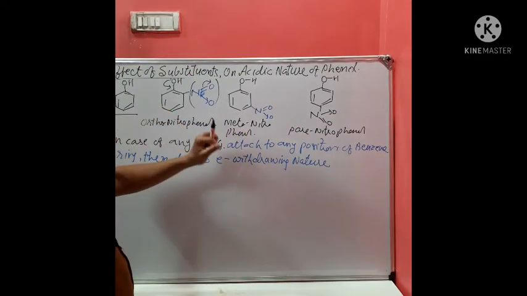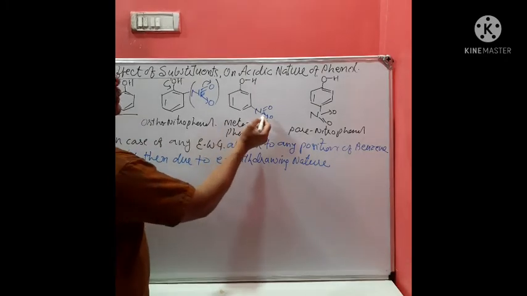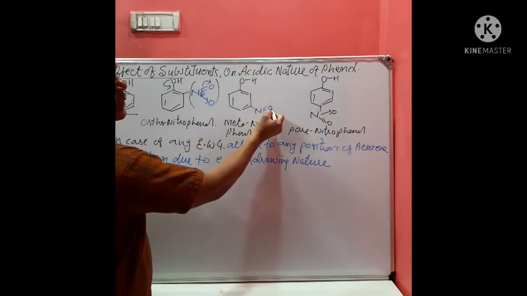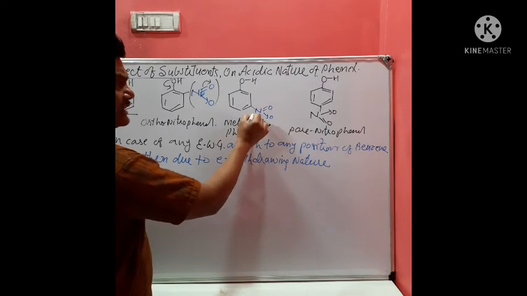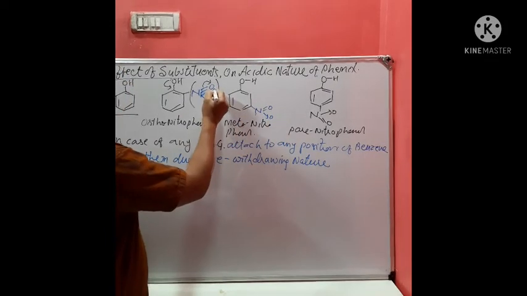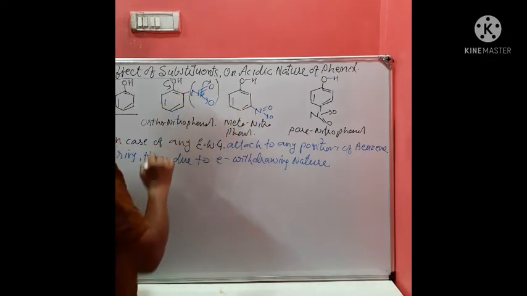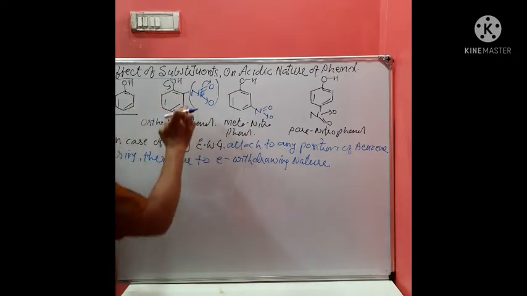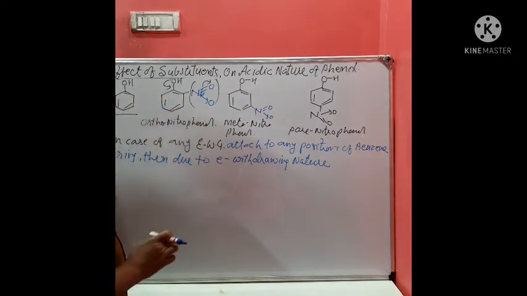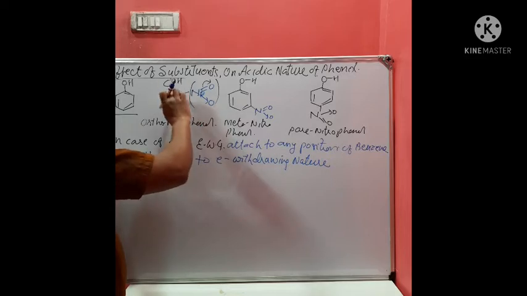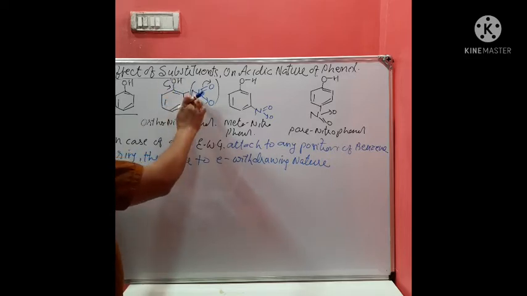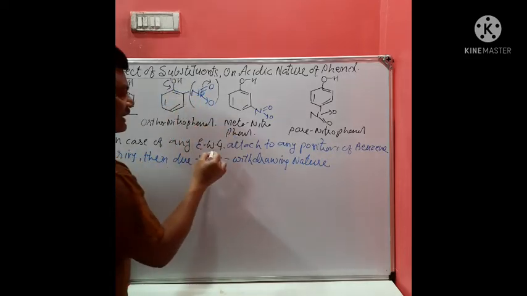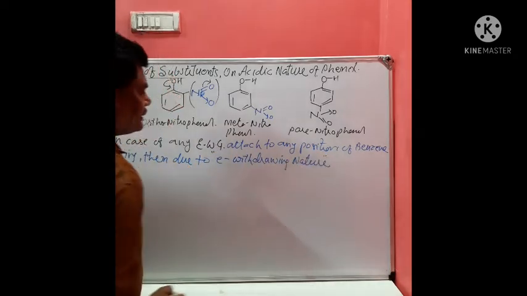Now electron withdrawing nature means, student, you know that oxygen is more electronegative, nitrogen is less electronegative, means the oxygen can withdraw electrons from nitrogen, so the nitrogen will become electron deficient. So now the nitrogen will withdraw electrons from the benzene ring. Therefore this is called electron withdrawing nature.